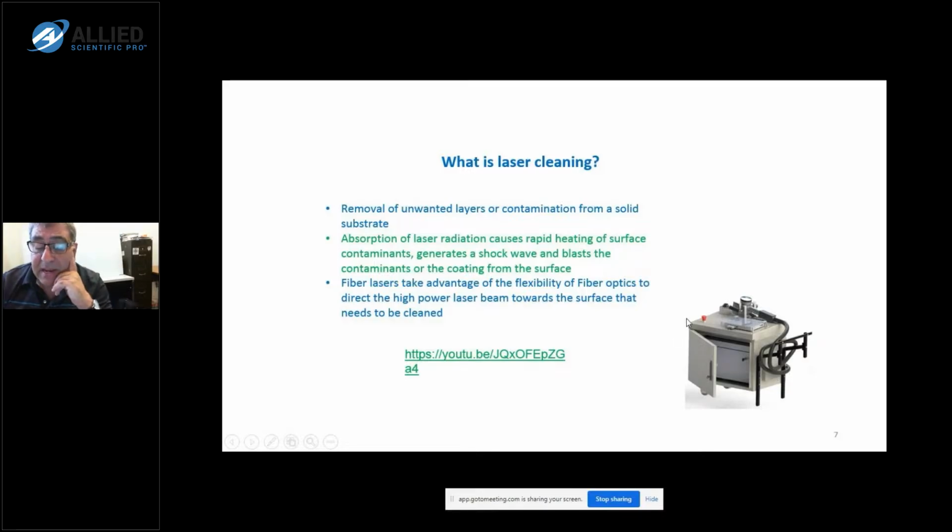It's the laser box that you can see over here where the pumping takes place. There's a fiber optic cable, there's an isolator, and this is the laser head, which contains the galvo and also the lens.